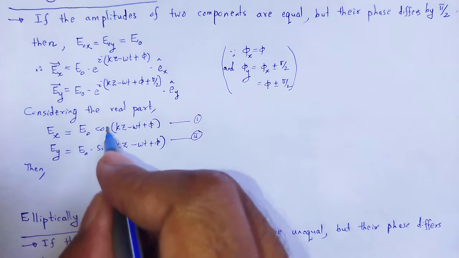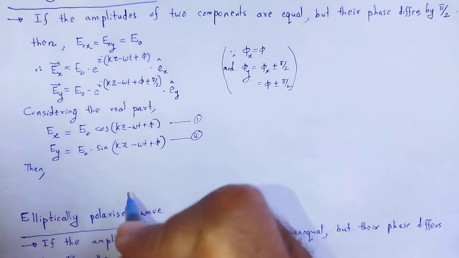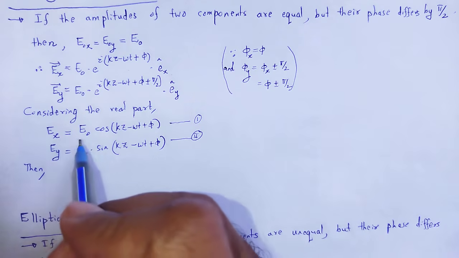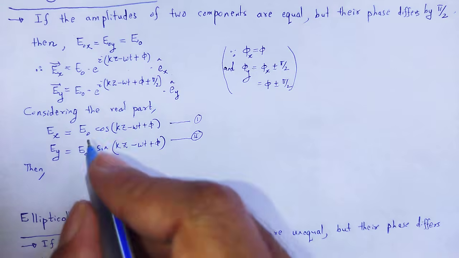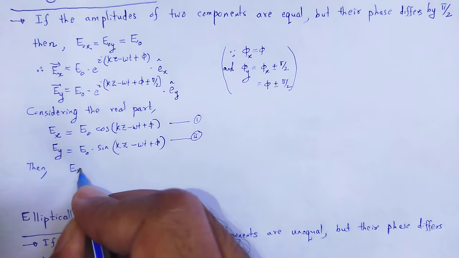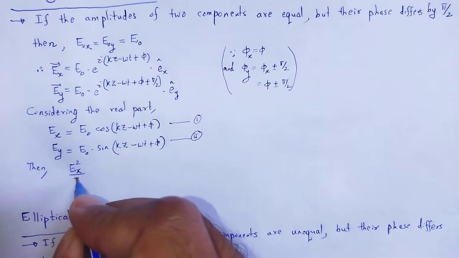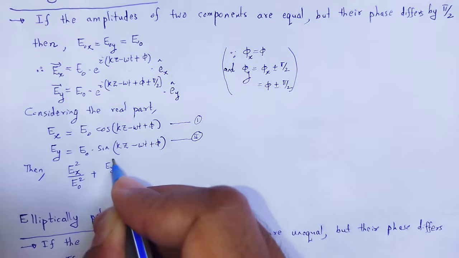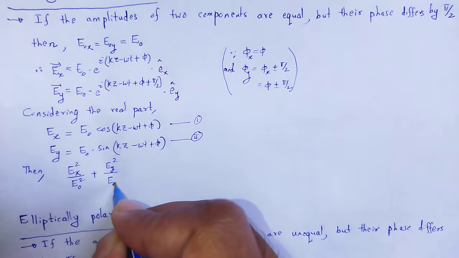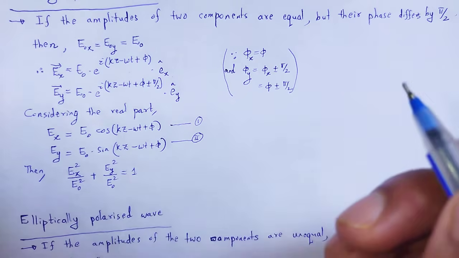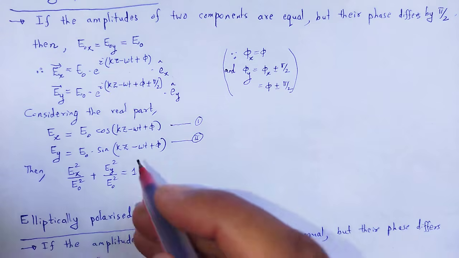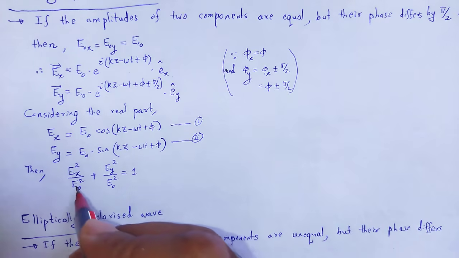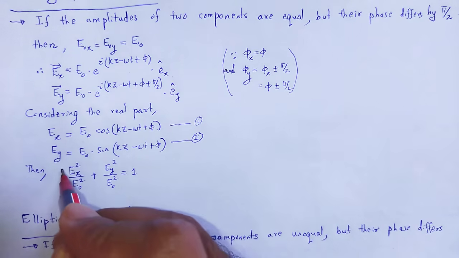So, E naught square cos square theta plus E naught square sin square theta, E naught square as common, sin square theta plus cos square theta is 1, and finally dividing E naught square on both sides, we obtain Ex square divided by E naught square plus Ey square divided by E naught square is equal to 1. You have to square and then add these two equations and divide by E naught square, then we obtain that one.